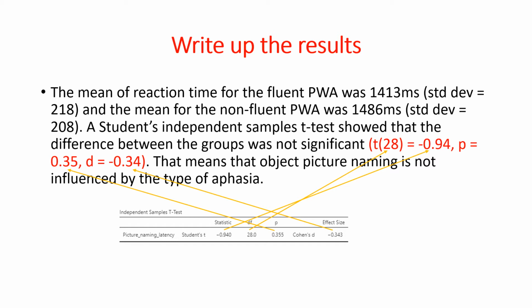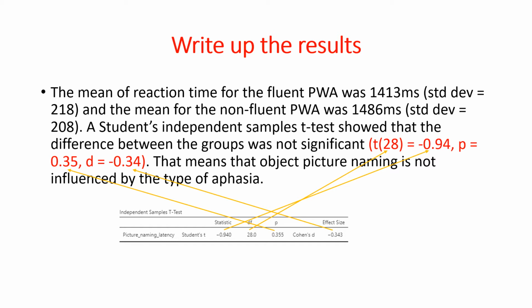Once the results are not significant, we don't usually present Cohen's d or the effect size, but I just presented Cohen's d here so that you see how to present it. Otherwise, since the result is not significant, we don't need to present it here. And the minus or plus sign is not really important.